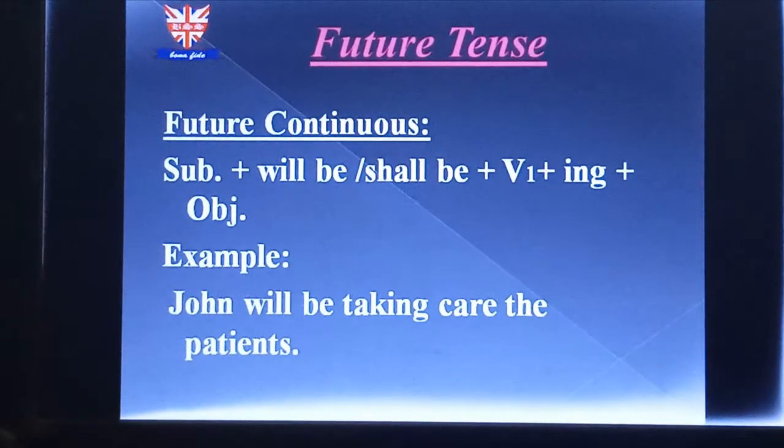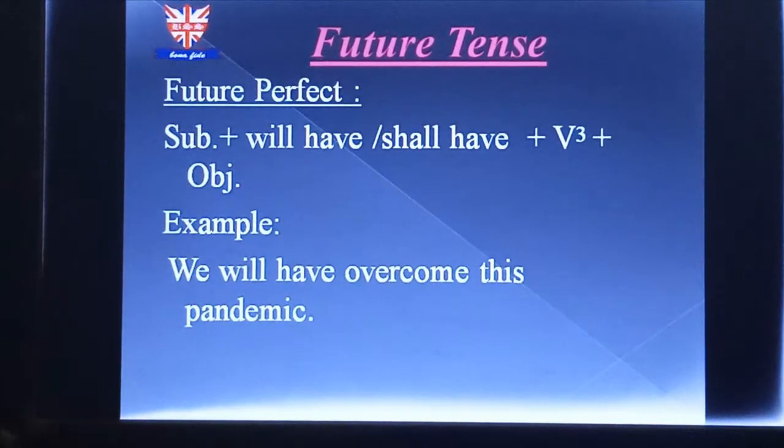Okay, so the next one, future perfect. The structure is subject plus will have or shall have plus V3 plus object. Here, as we are discussing future tense, after that we won't have anything to discuss about tense, because we will have already discussed present, past and future.